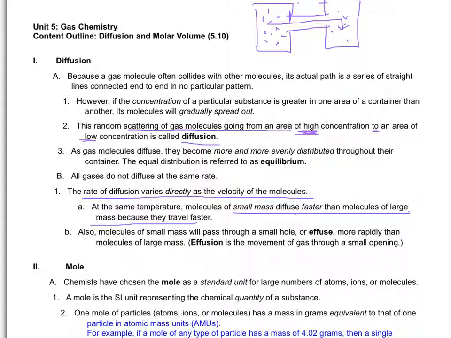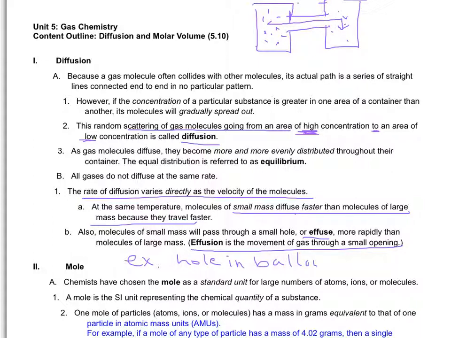There's also something known as effusion. Effusion is the movement of gas through a small opening. Gas molecules also have the ability to pass through a tiny hole or a tiny opening. And of course, the smaller mass molecules will do this faster than the larger mass molecules. An example of this would be a hole in a balloon.